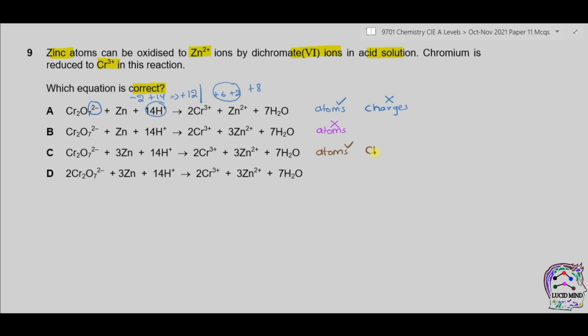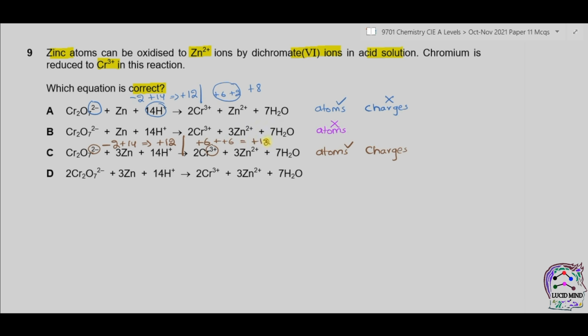Now let's look into the charges. We have -2 and we have 14 H+. So the net charge will be +12. Now let's look into the product side. We have 2 chromium 3+, so we have +6 charge for chromium, and 3 zinc 2+, so +6 for zinc.